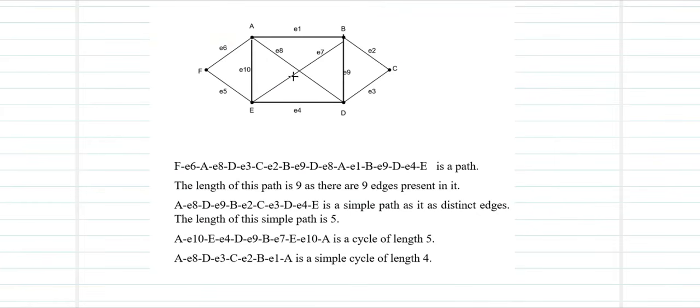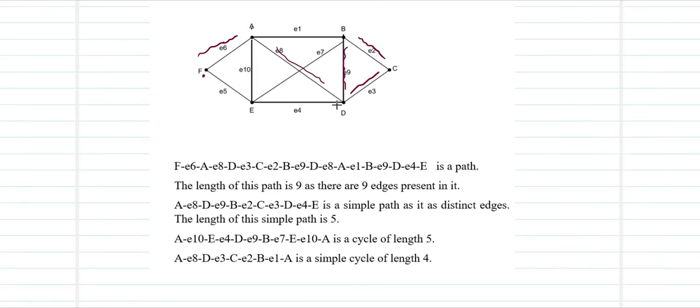Consider this example over here. We start with F1. We move to E6A. We are moving along E8. We are reaching D. We are moving along E3. We are reaching C. We are moving along E2. We are reaching B. We are moving along E9.